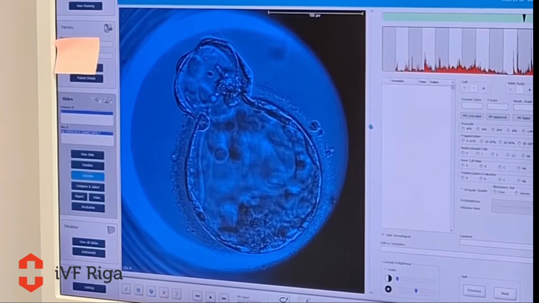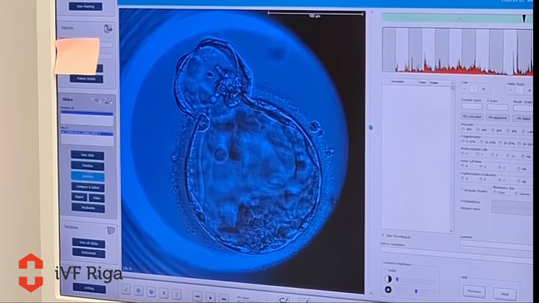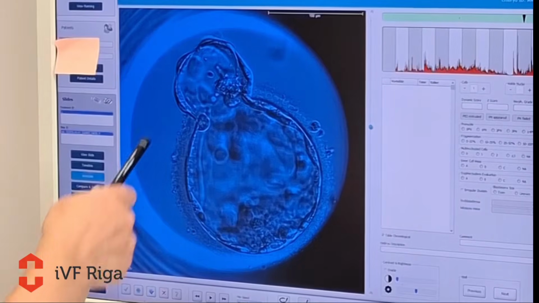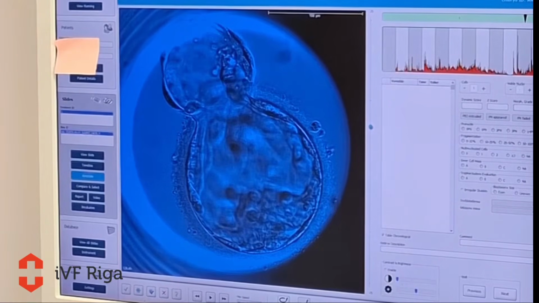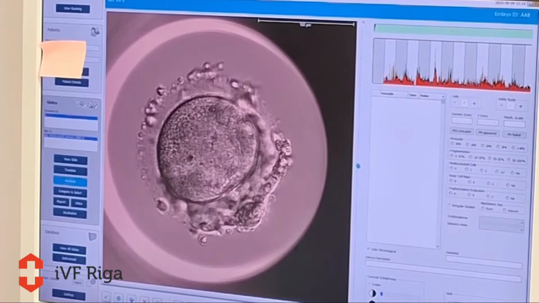But in modern medicine, we routinely use artificial hatching. We make the entrance so that the embryo has an easier way out of the membrane and a higher possibility of implantation. And now we will see abnormal development of an embryo.